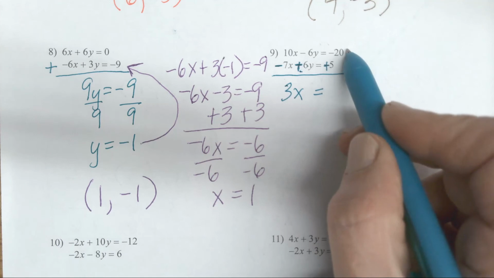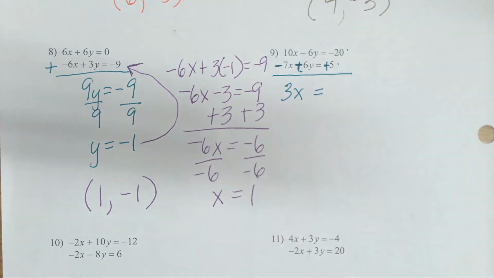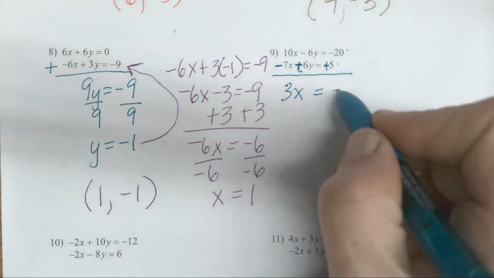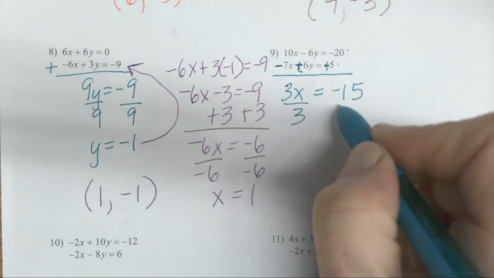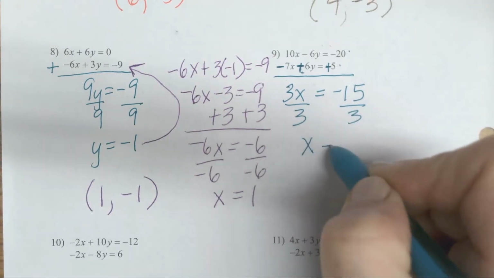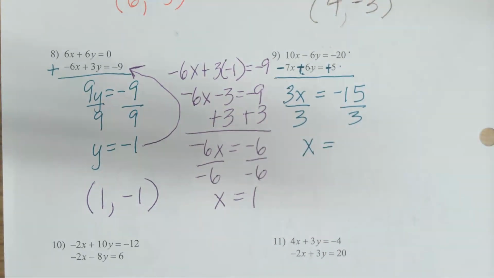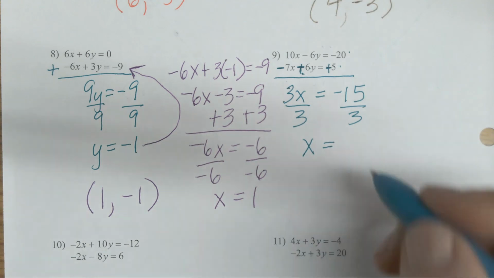What's negative 20 plus 5? Negative 15. How do I solve? So negative 15 divided by 3 is negative 5.